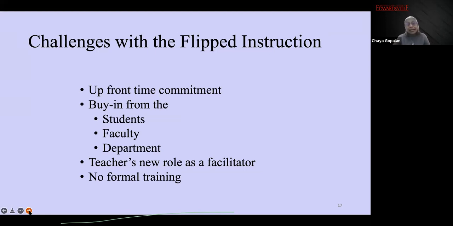I'll show you some data later on where students always like a lecture method, because that is what they're used to and that's what they think is better. But many research studies, including ours, have shown that students do better with flipped teaching.